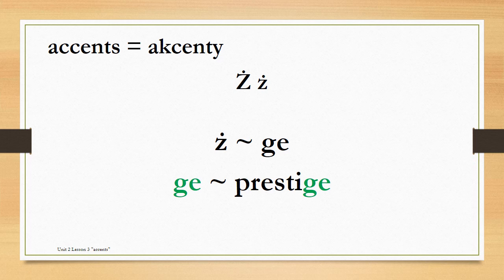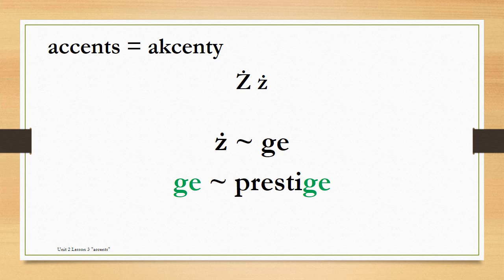So ż, prestige. This was a really hard example, I guess prestige is not even an English word, it's French. That's why it contains this kind of sound. But this word for sure exists in English, so should be quite a good example to show you how ż should be pronounced.